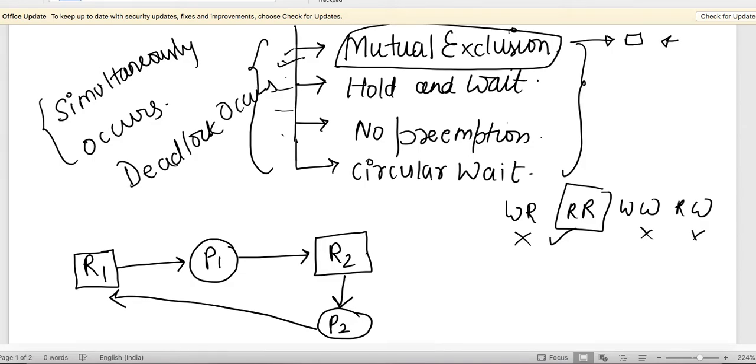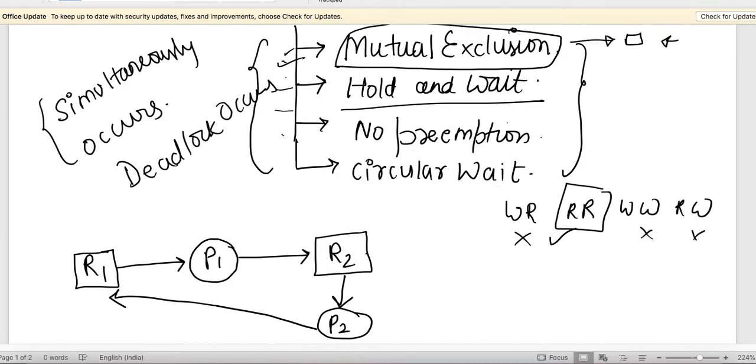Got it? Now, hold and wait says what? See, this is hold and wait happening here. P1 is holding R1 and waiting for R2. P2 is holding R2 and waiting for R1. Are you getting it? No preemption means it should not happen like we have studied in preemptive scheduling algorithms, where the context of the process is stored in the PCB, and then whenever its chance comes, it will resume from there itself.